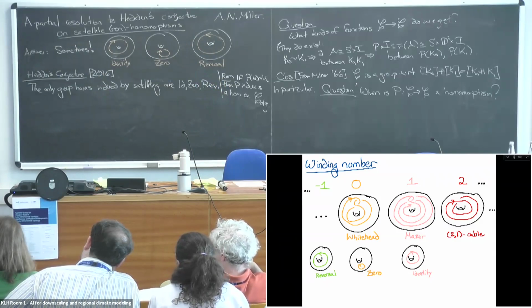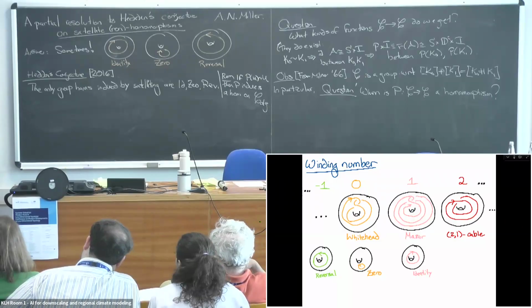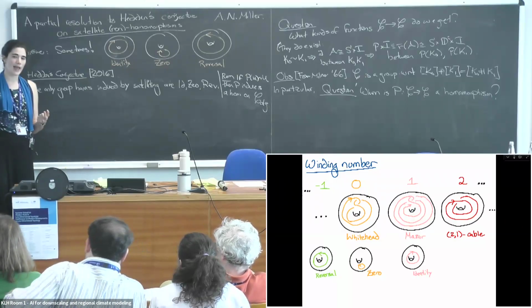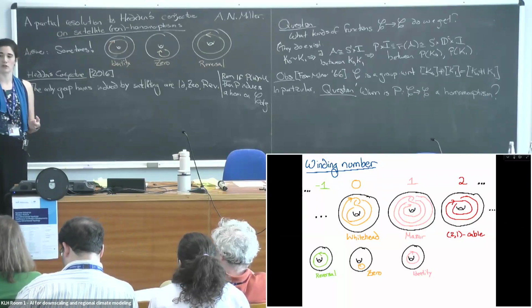It's winding number 0, though whenever I say winding number, you can implicitly insert algebraic if it makes you happy. It's not geometric winding number 0. We have the Mazur pattern here, we have the 2-1 cable, and then we have our old familiar, not so interesting friends below. And it's not so hard to show that if you have two patterns with different winding numbers, there's no way they can induce the same map on concordance.